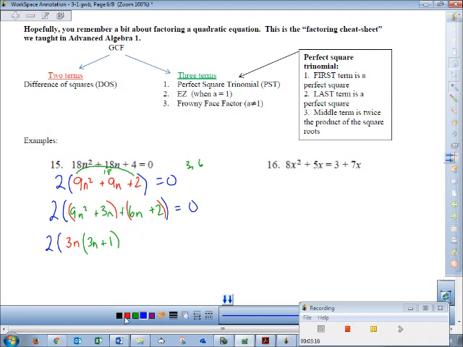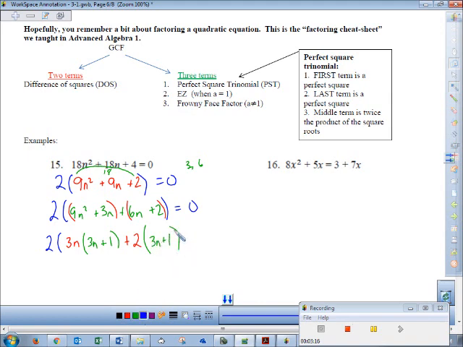Again, this is a positive number right here in this third position, so we'll take out a positive GCF. And for the numbers that go into 6 and 2, the GCF is 2. And that's it. So I should get a 3n plus 1 back when I take 6n plus 2 divided by 2. And I will. Hooray.